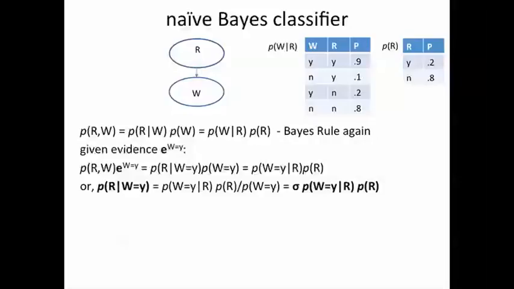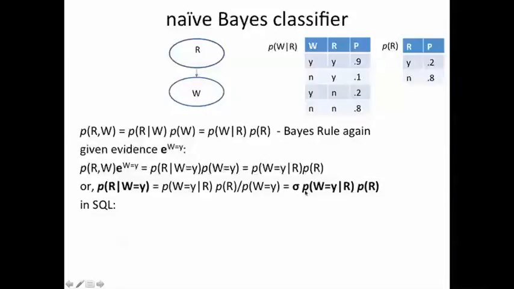Earlier we used sigma as a selection operator, but now we will use sigma only as the inverse of the evidence probability. Study this carefully. So what we want is the a posteriori probability of R given the evidence, which is simply proportional to the likelihoods multiplied by the prior.